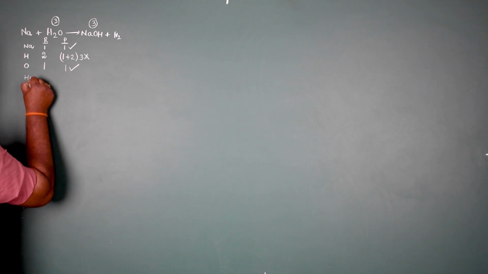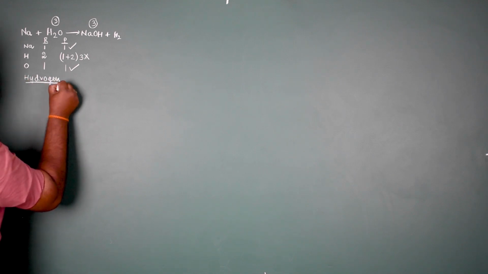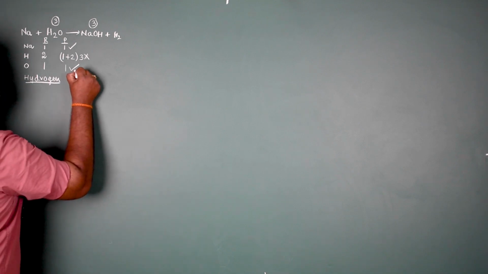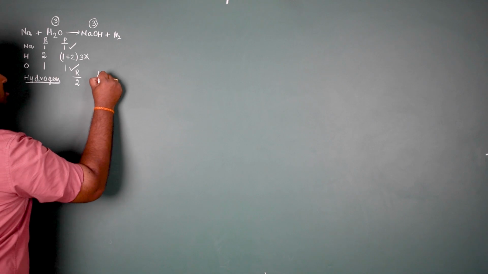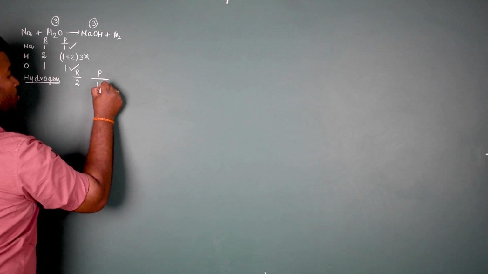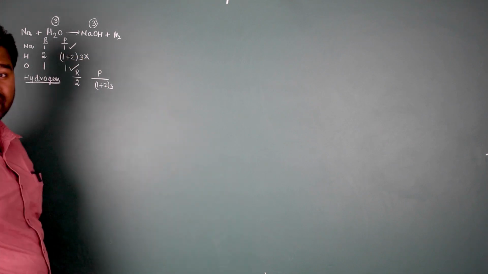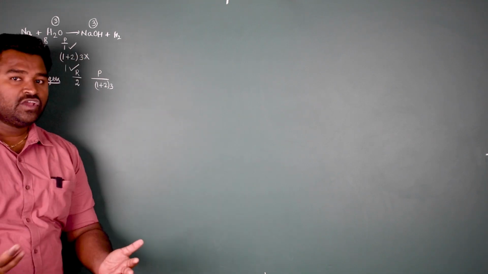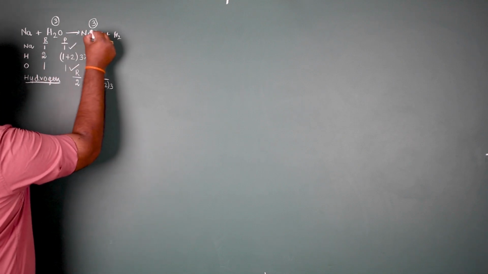So we will try to balance hydrogen first. So let's take hydrogen. Now on taking the hydrogen, how many hydrogens are there on the reactant side? 2. Whereas on the product side there is 1 plus 2, in total 3. So in the previous equations, we have seen the occurrence of atom only at one place.